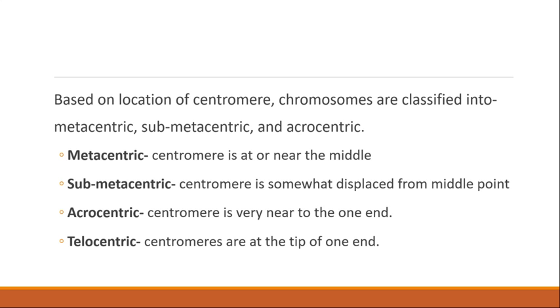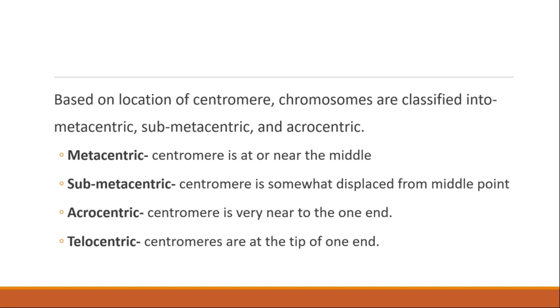Now, based on the location of centromeres, we classify chromosomes into 3 or 4 categories basically. One is the metacentric, wherein the centromere is located near the midpoint of the chromosome. Then there is submetacentric, where the centromere is quite displaced from the midpoint of the chromosome, deviated away from the middle.